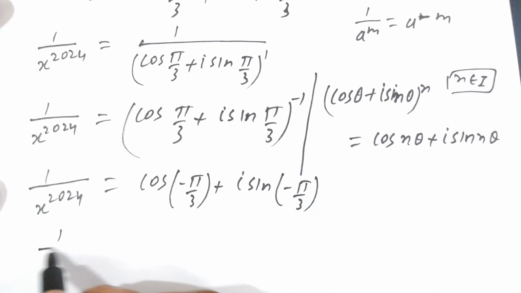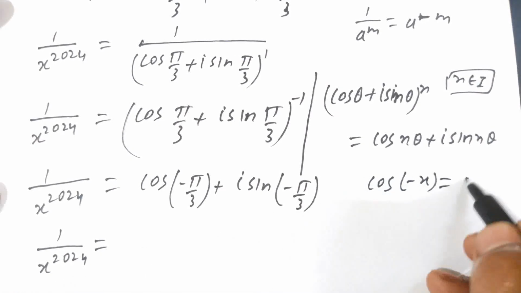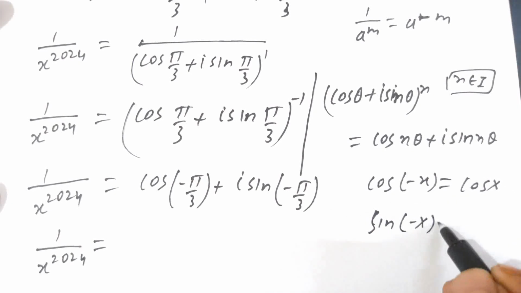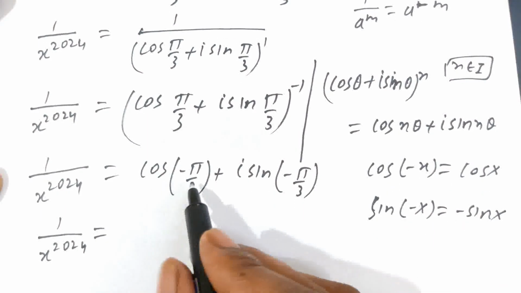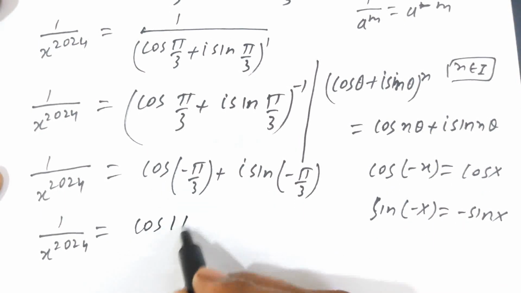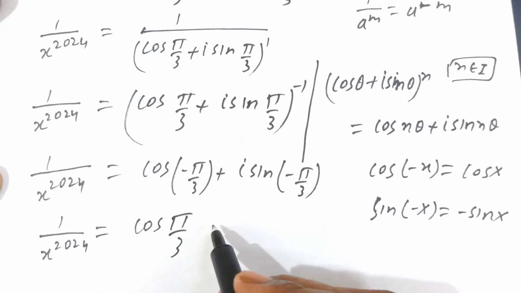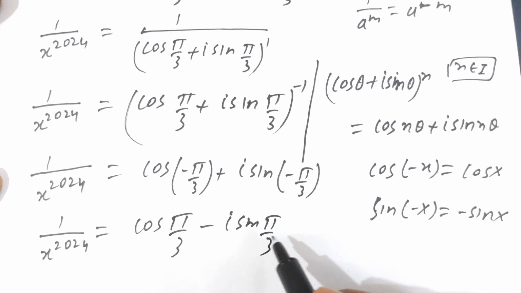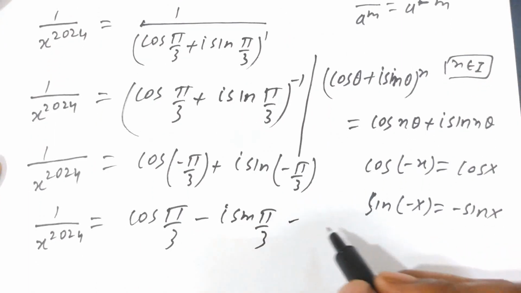We know that cos minus x is equal to cos x, and sine minus x is equal to minus sine x. So cos negative pi by 3 is cos pi by 3, and sine minus pi by 3 is minus sine pi by 3. Let's say this is equation first and this is equation second.